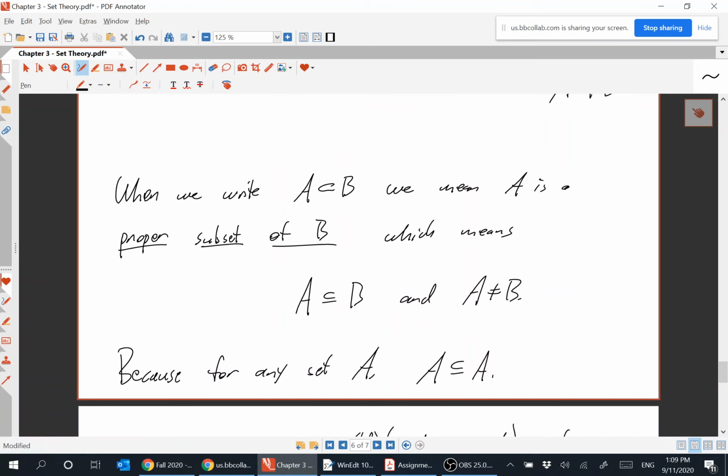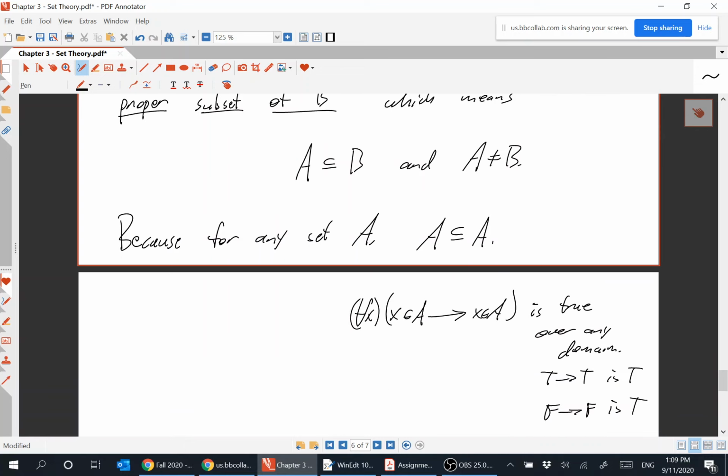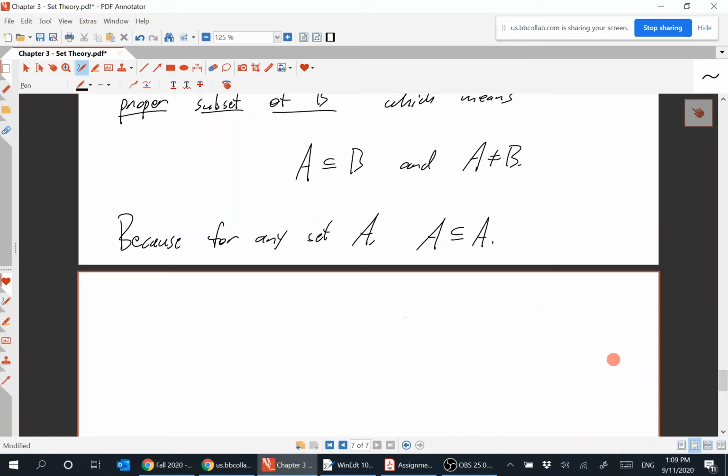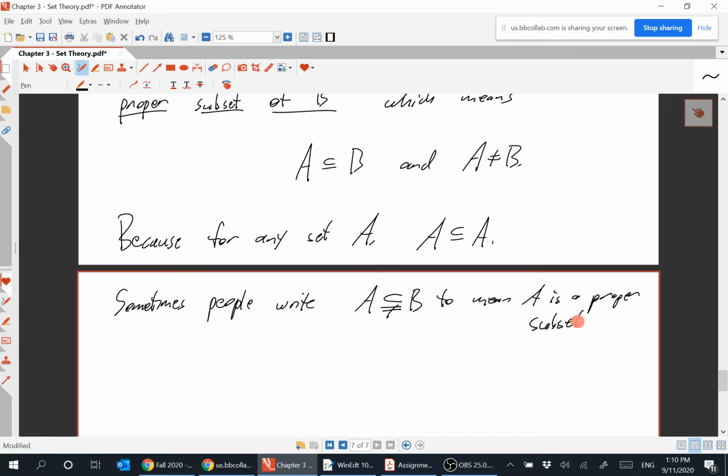So when we write this, we mean A is a proper subset of B, without the line. It's kind of like less than or equal to, and strictly less than. Sometimes people write A, B to mean A is a proper subset of B, although this notation is overkill, I think.